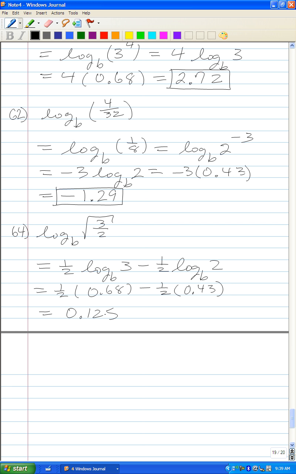I hope that's right. Let me plug this all into a calculator. 0.68 divided by 2 minus 0.43 divided by 2 is, yep, 0.125.